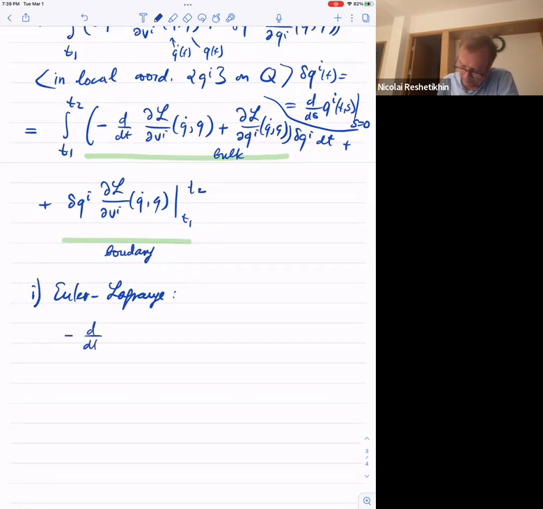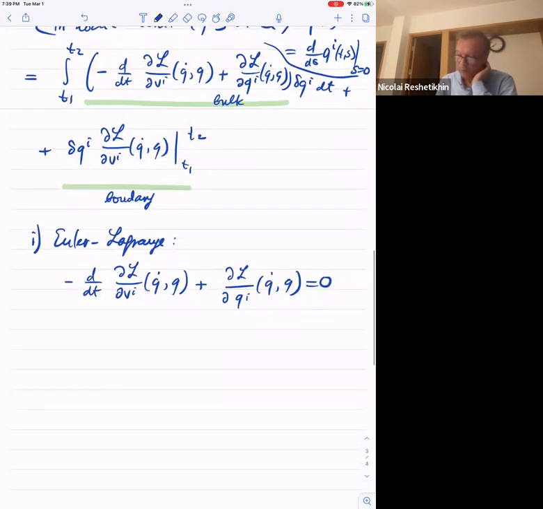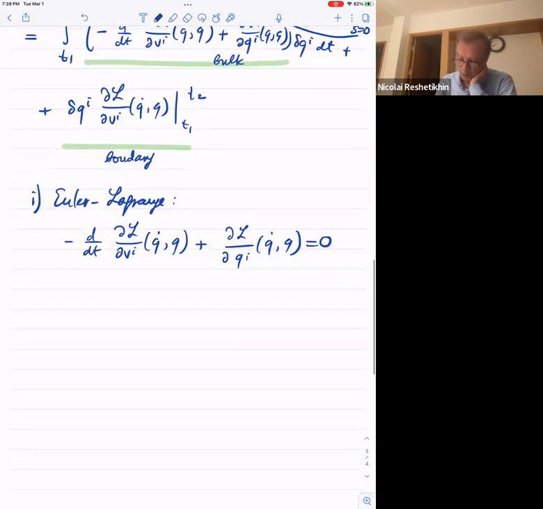So dqi q dot q is 0. Well, before we analyze the boundary terms, let's just focus on Euler-Lagrange equations, and let's see what kind of equations they are.